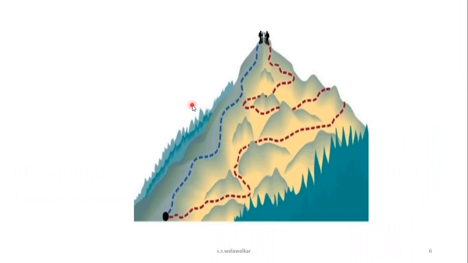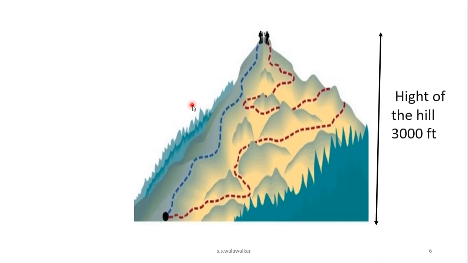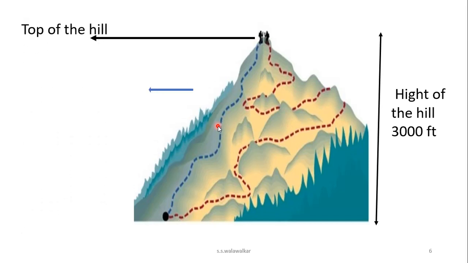Now consider this picture, and in this picture a hill is there, and imagine that you want to climb this hill. The height of this hill is 300 feet. Now if you want to reach the top of the hill, then there are two paths, path first and path second.